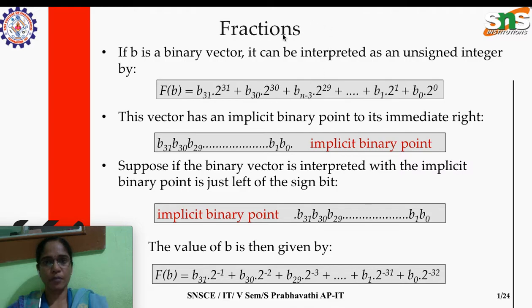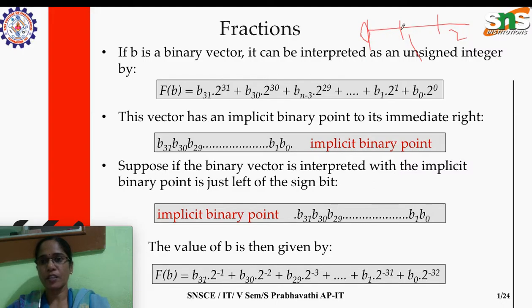When speaking about fractions, we are talking about handling real numbers. So far we have handled whole numbers. A real number has a decimal point. If you take the number line, assume it starts with 0, this is 1, and this is number 2.